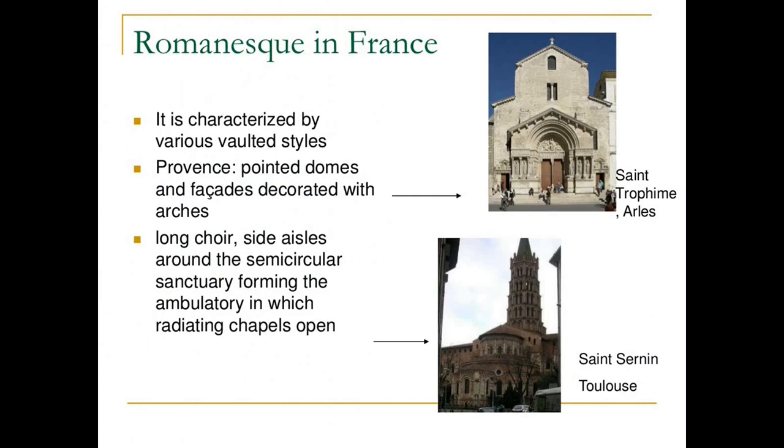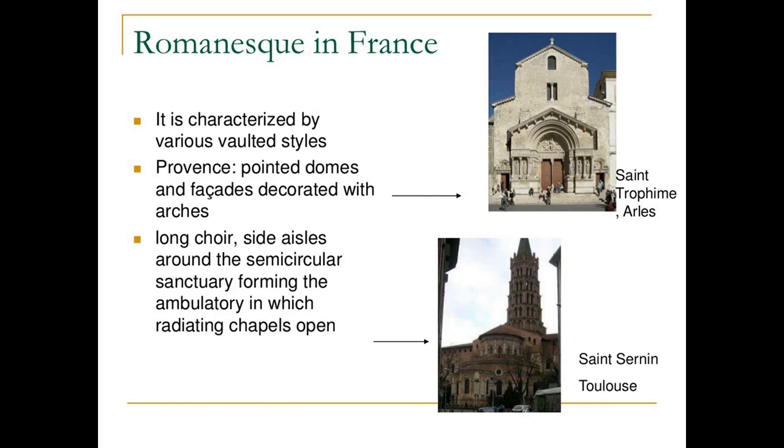Different wall styles were combined in French Romanesque architecture: a long choir, side aisles around the semicircular sanctuary forming the ambulatory, in which radiating chapels open. And in Provence we could see pointed domes and facades decorated with arches.